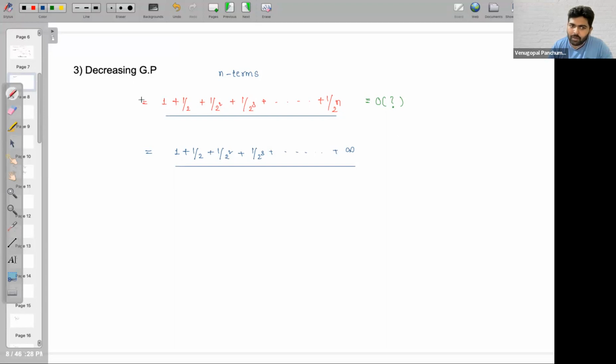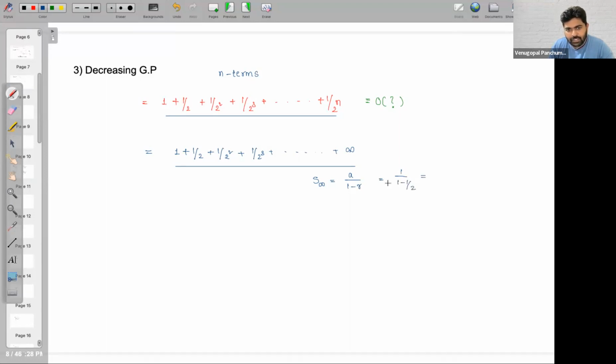So what is the formula for infinite terms in the GP? S infinite is nothing but a by 1 minus r. Is it the formula? 1 minus r, whatever it is, no problem. Try to substitute in this formula: 1 divided by 1 minus 1 by 2.